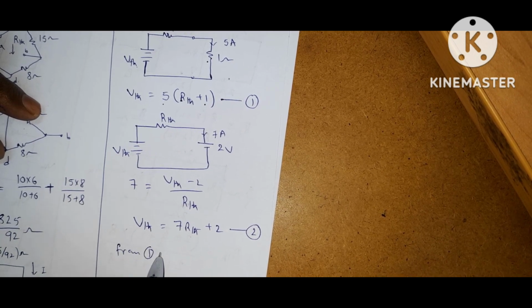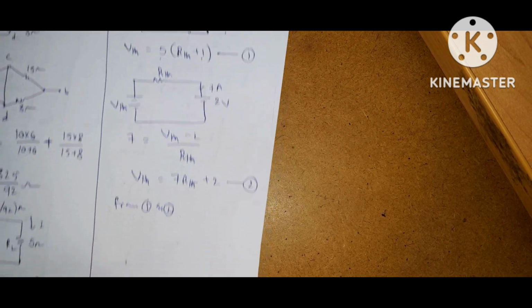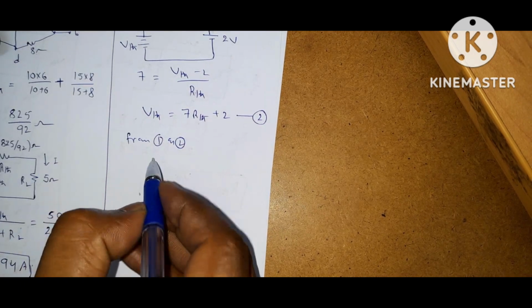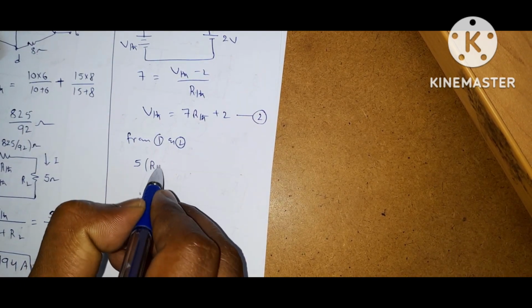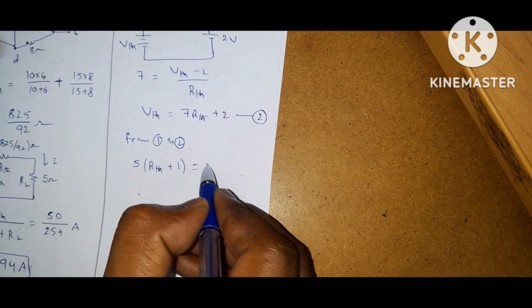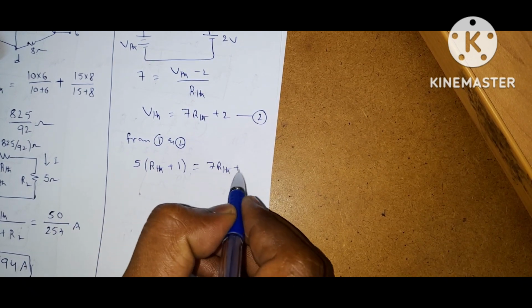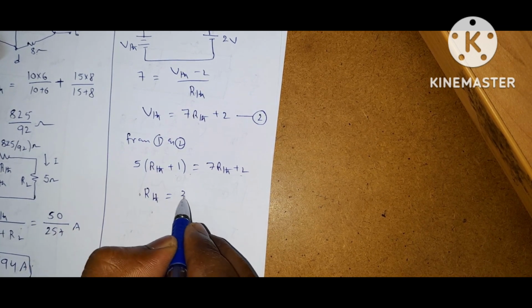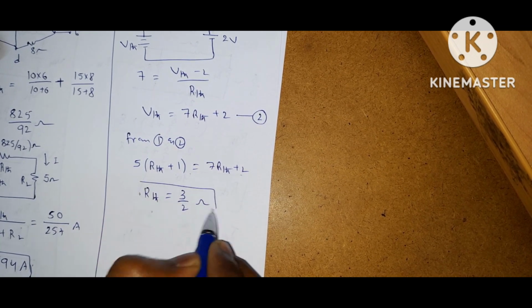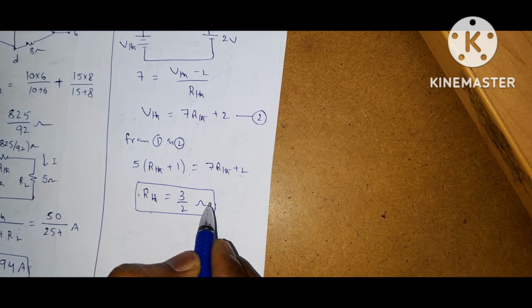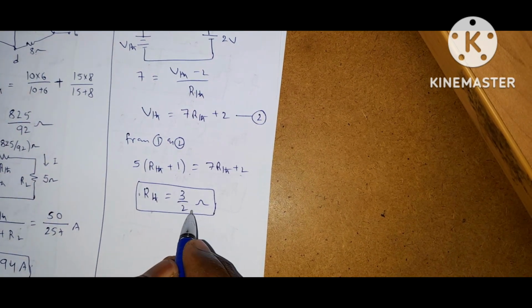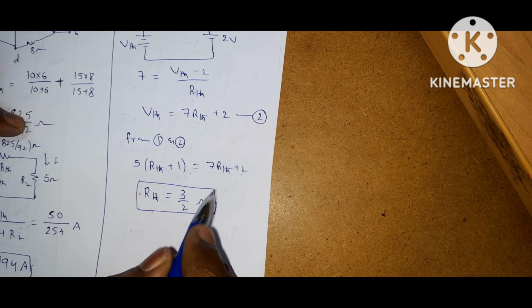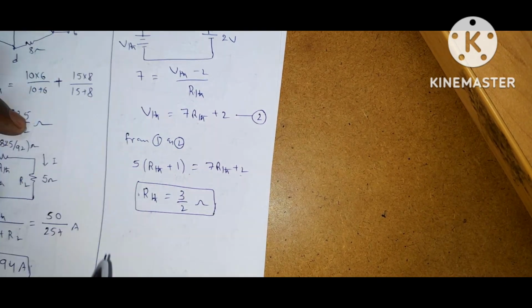From 1 and 2, we get 5 into RThevenin plus 1 is equal to 7 RThevenin plus 2. If you solve this, you will get RThevenin is equal to 3 by 2 ohms. Use either equation 1 or equation 2.